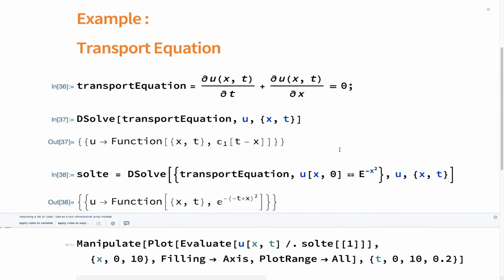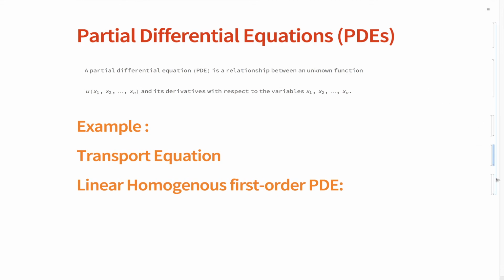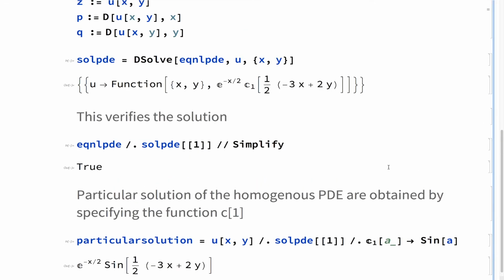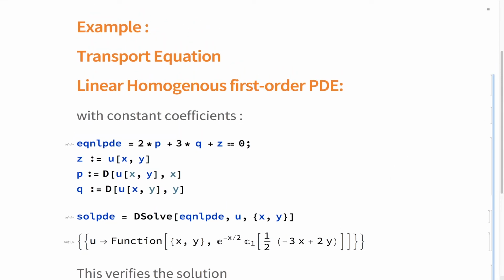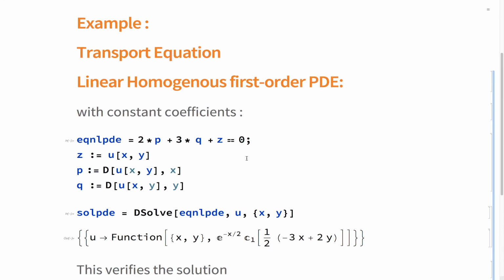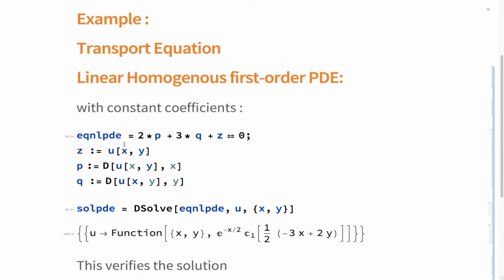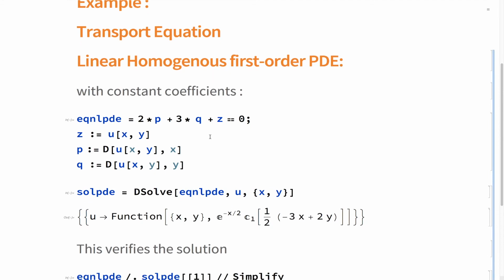Let's take another example, which is a linear homogeneous first order PDE with constant coefficients. So the equation is linear because the polynomials here p, q, and z are linear, and there is no term free of z, p, and q.